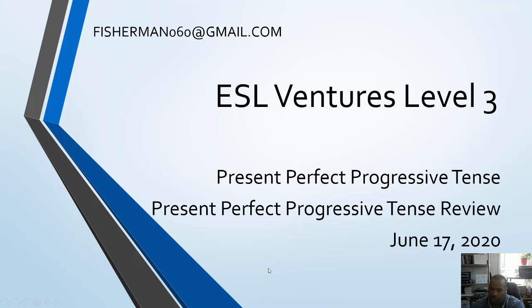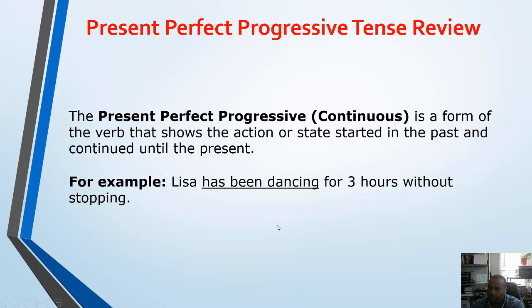So let's remind ourselves what that means. The present perfect progressive or continuous tense is a form of the verb that shows the action or state started in the past and is continued until the present. Okay, something that started in the past and continues to the present.